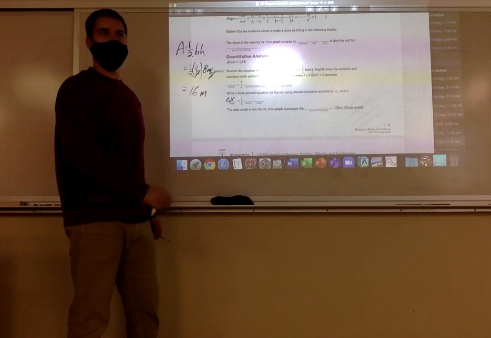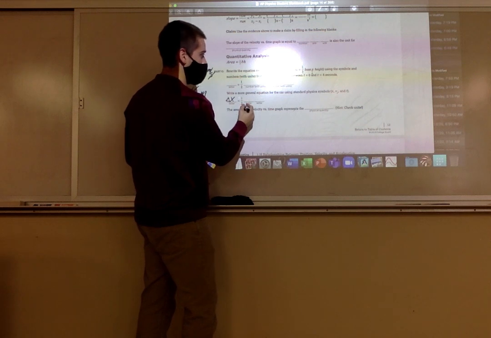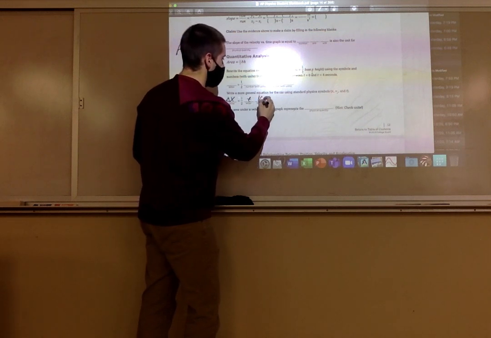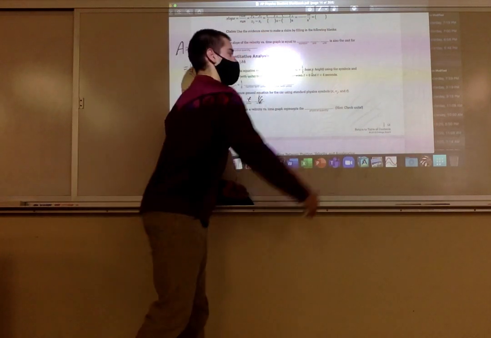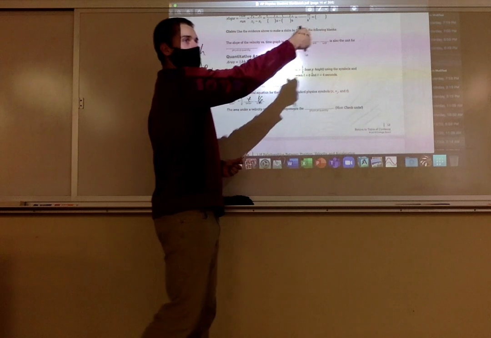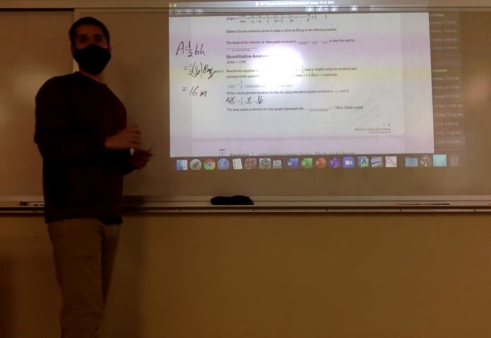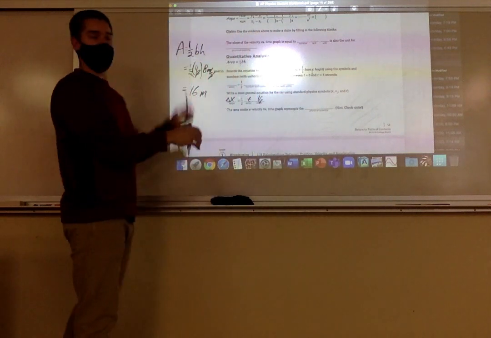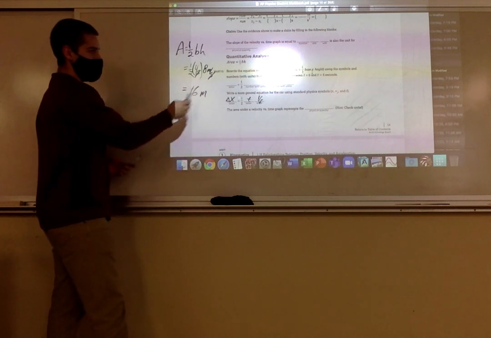I like delta X to show this is the displacement is 1/2 the base, which was time, times the height, which was the final velocity. When we do that triangle, that height was representing the final velocity for that motion. Now sometimes it might be initial, right? It's just the height, the largest point of the triangle you're looking at. So this can be an equation, a simplified version.